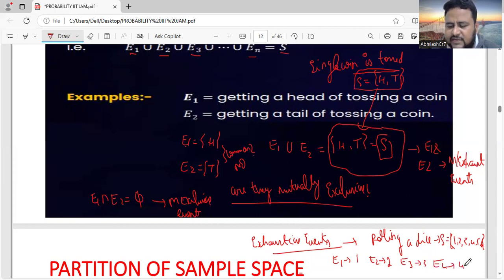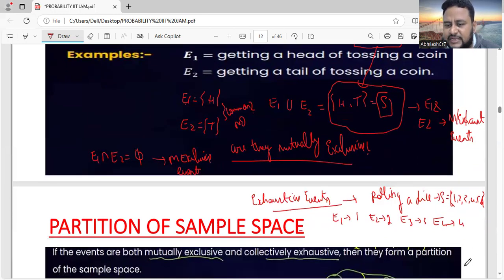This is what I'm telling, another example for mutually exhaustive events, or just exhaustive events. Event 5, I'm getting 5. Event 6, I'm getting 6. Okay, so now if I do E1 union E2 union E3 union E4 union E5 union E6, what do I get?